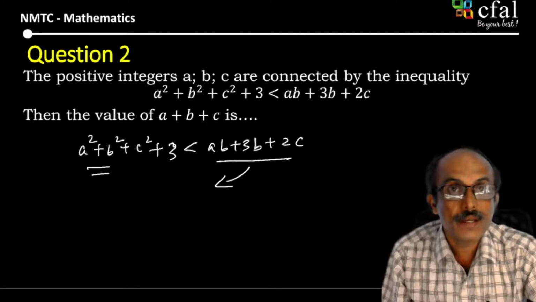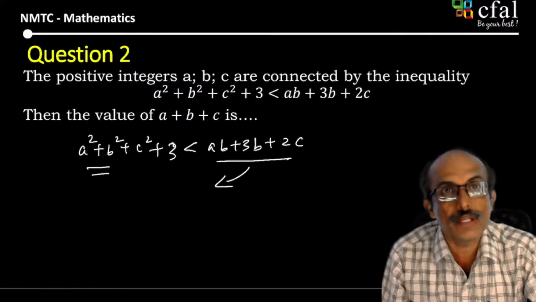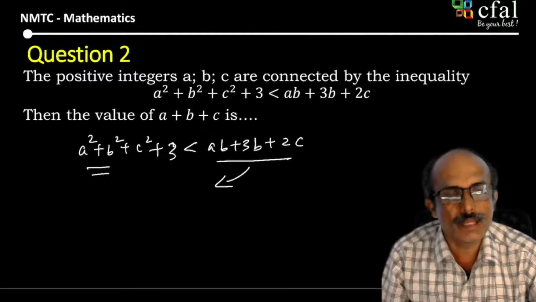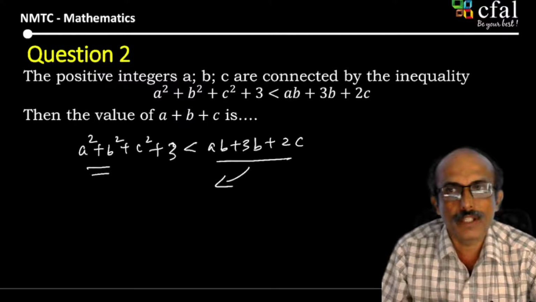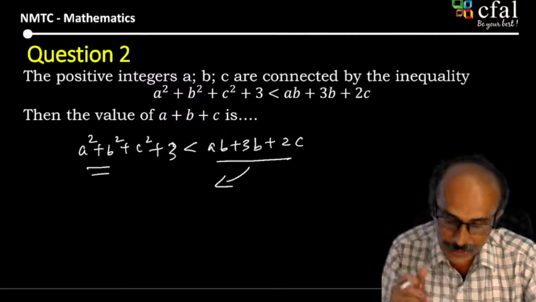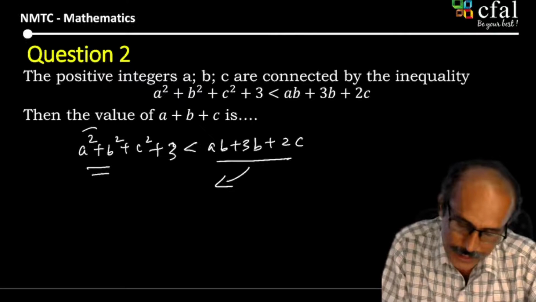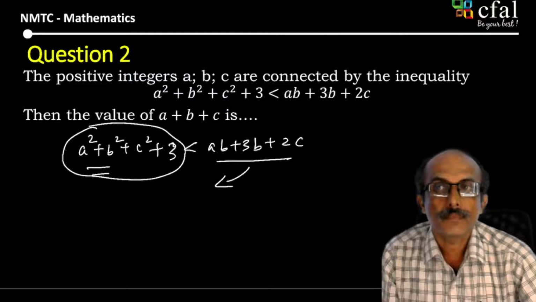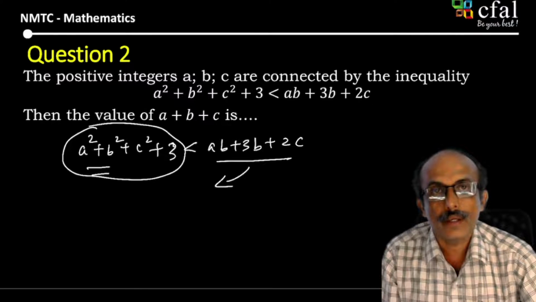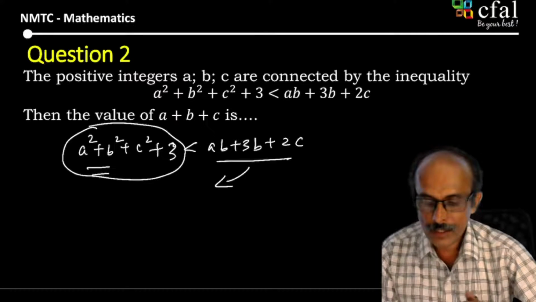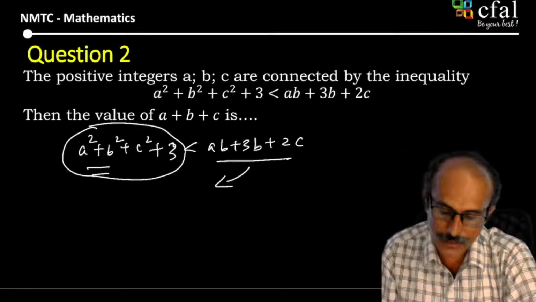As direct completing a square is not possible, you have to make some multiplication factor and then try to do that. So a key for completing a square is because of the presence of squares. So as it is not directly visible, we have to make some manipulation.